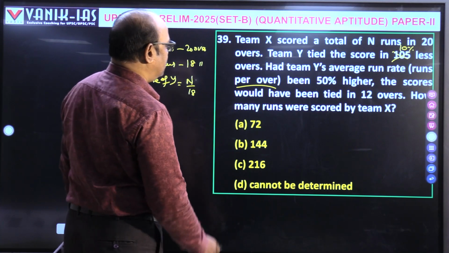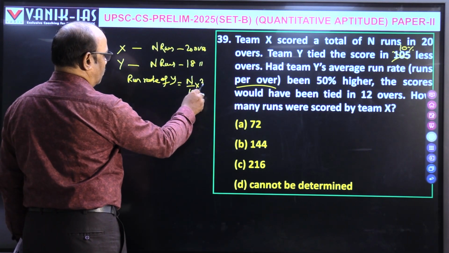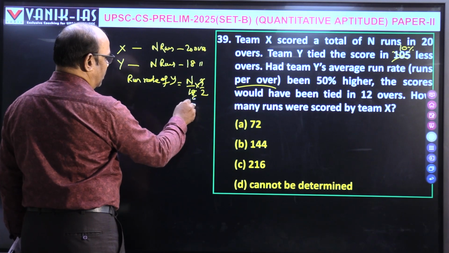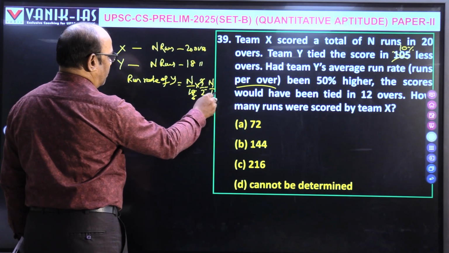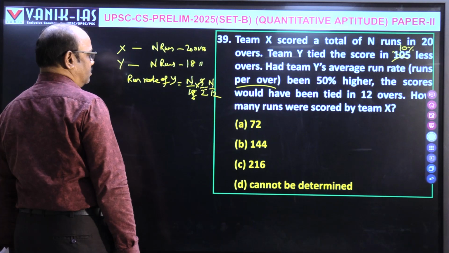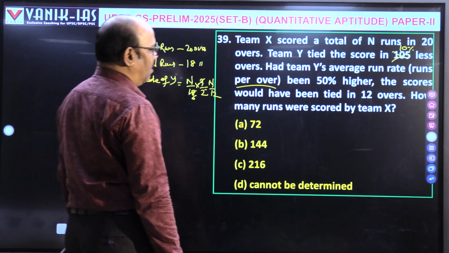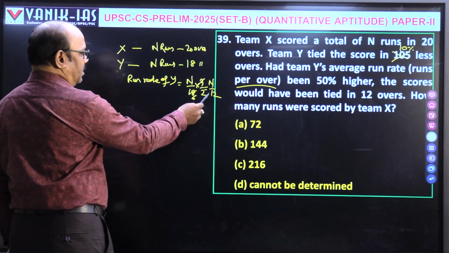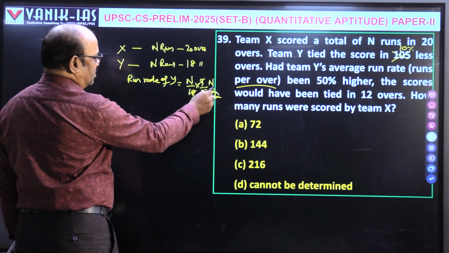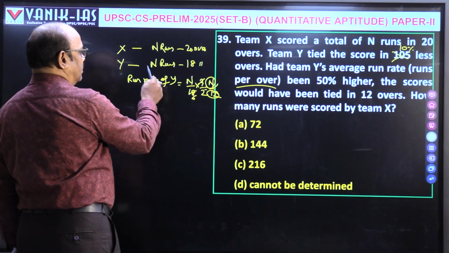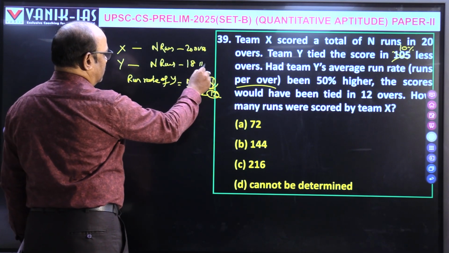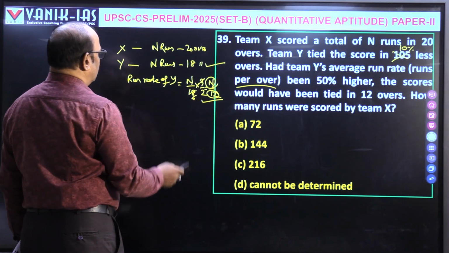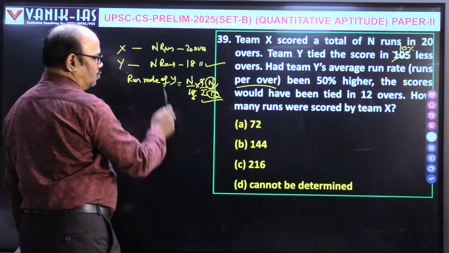If it is 50% higher, that is 3 by 2 times, so the run rate would be n by 12. Then the score would have been tied in 12 overs. So this statement is the same as the other statement; this is one statement, this is the second statement.